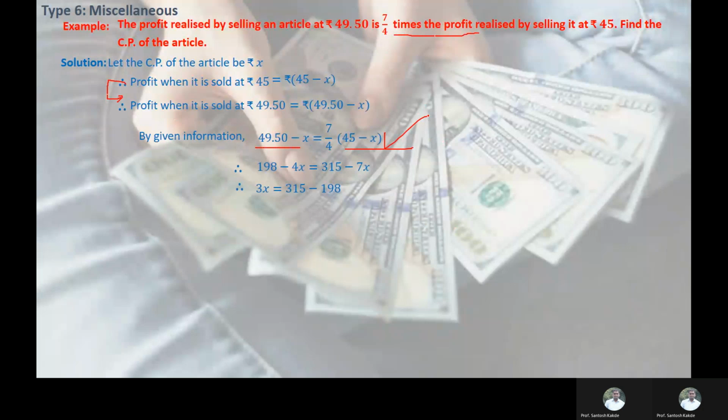So 3x is equal to 315 minus 198, which is 117. Here we have to divide by 3, and we get x is equal to 39 rupees. Therefore, the cost price of the article is rupees 39.